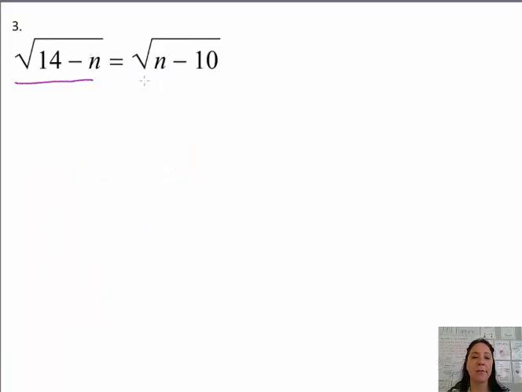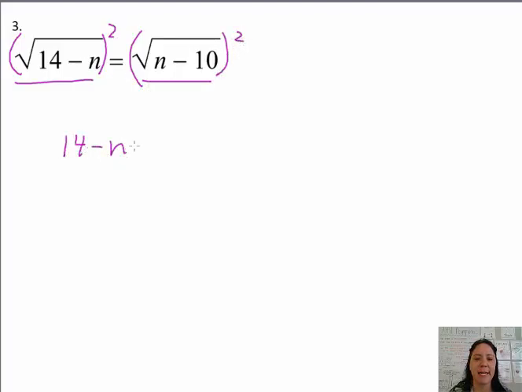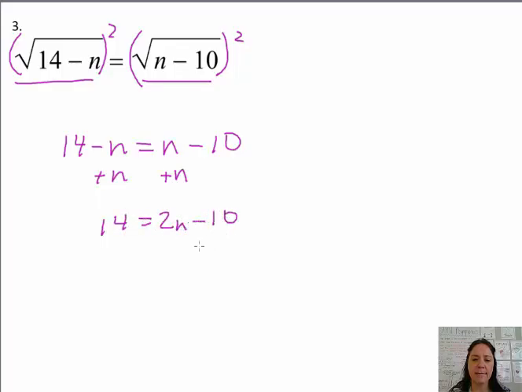Now I have radicals on both sides, but there's nothing else here, so let's just get rid of these radicals by squaring both sides. That gives me 14 minus n equals n minus 10. Add n to both sides, and that'll give me 14 equals 2n minus 10.